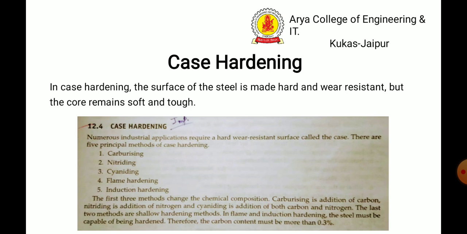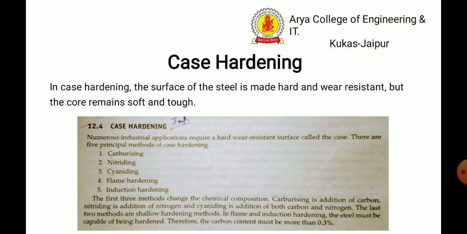The next is case hardening. Case hardening is mainly done to make the steel very hard and wear resistant, but the core remains soft and tough. The various procedures involved in this are carburizing, nitriding, cyaniding, flame hardening, and induction hardening.